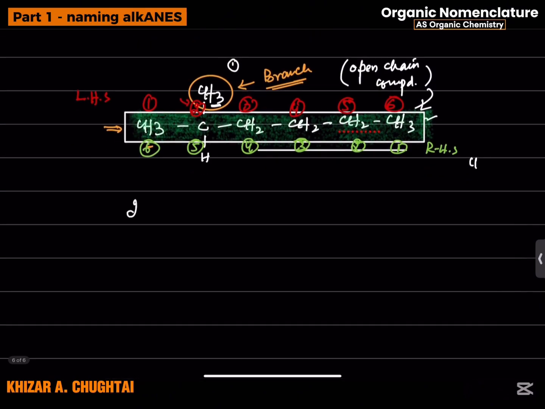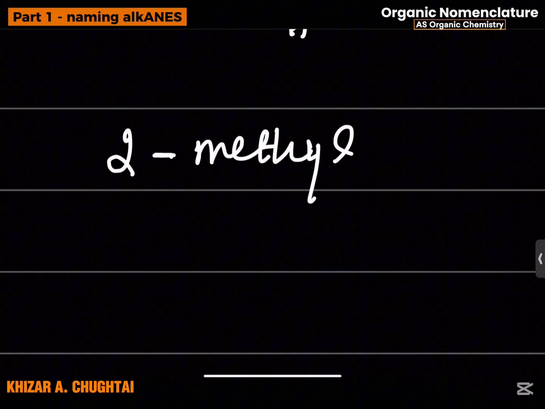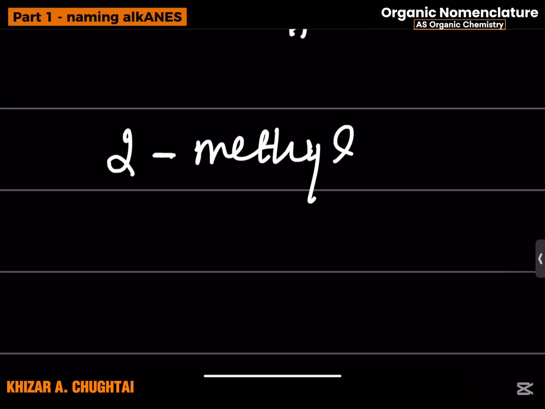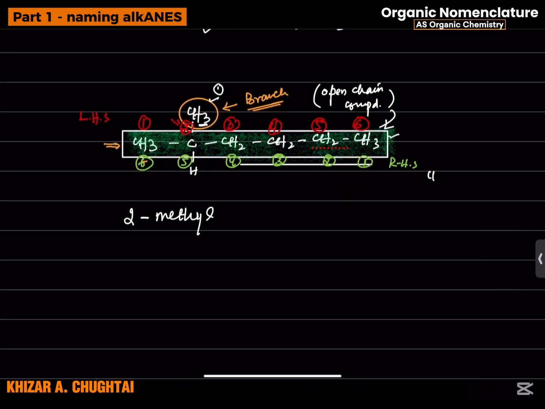So it will be 2 dash, the name of the branch is methyl. Whenever you write a number and alphabet, you put a hyphen to separate them. 2-methyl, that is all about this branch.